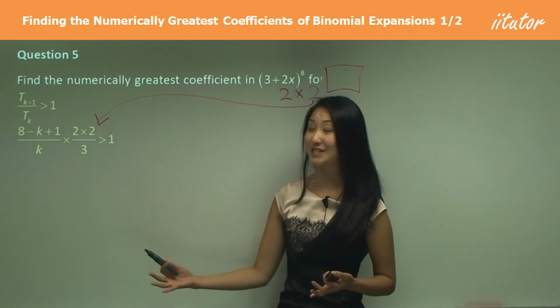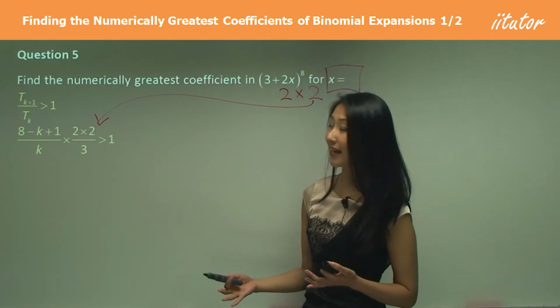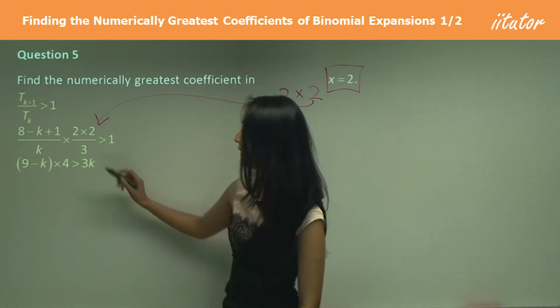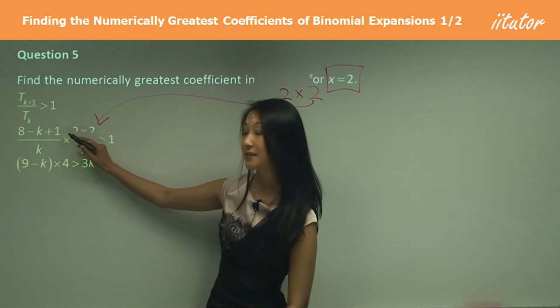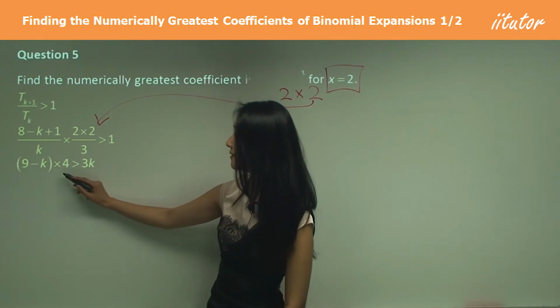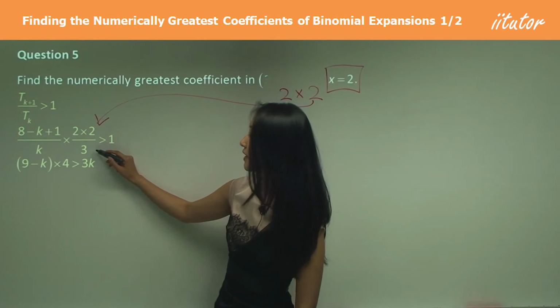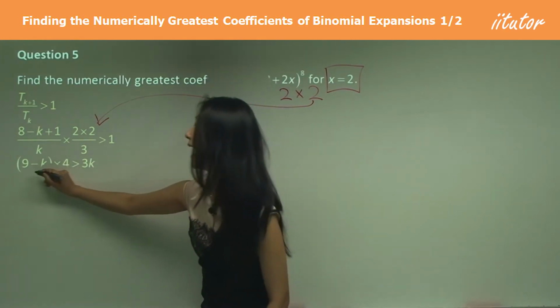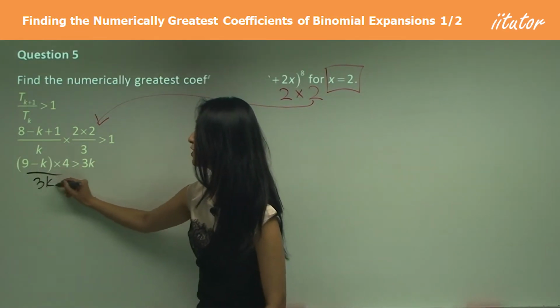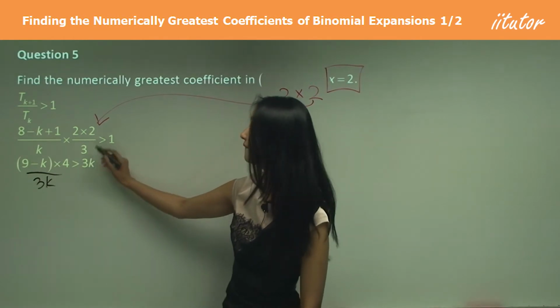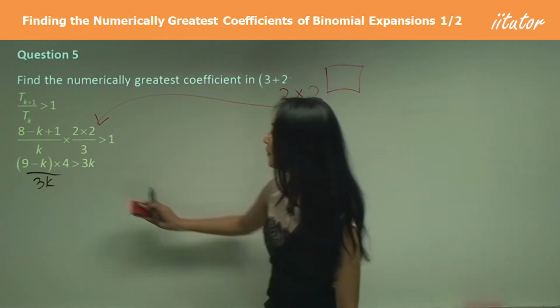And now we just need to work that out. So simplification: this becomes 8 plus 1, which is 9, minus k, and this is just 4 on 3. So the bottom will become 3k, which I just multiplied over here, and that remains as 4.